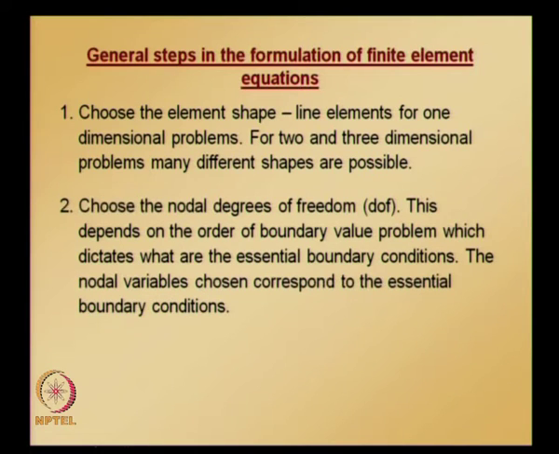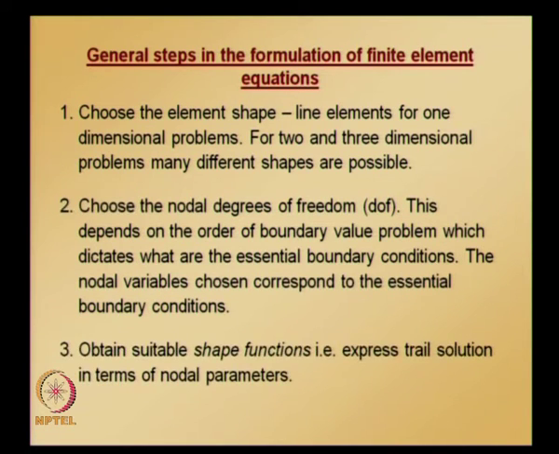That is what this step says: choose the nodal degrees of freedom depending on the problem that we are solving. After these two steps, we need to obtain suitable shape functions for the chosen element, that is, express the trial solution in terms of the nodal parameters of that particular element.